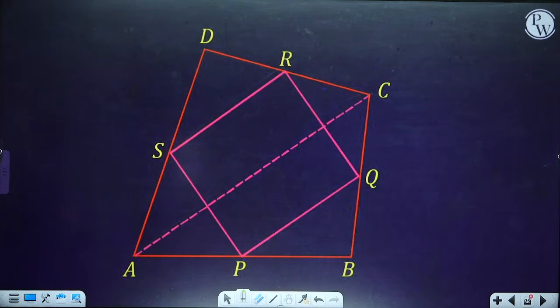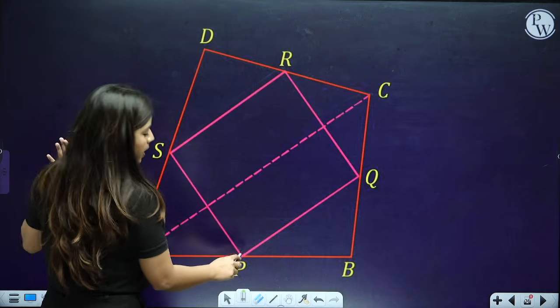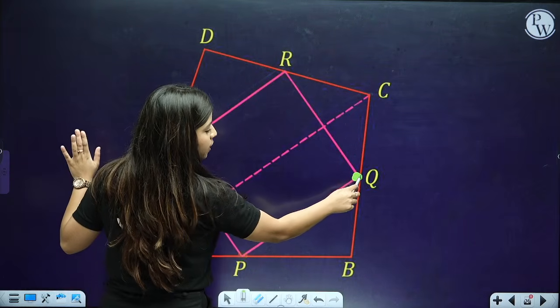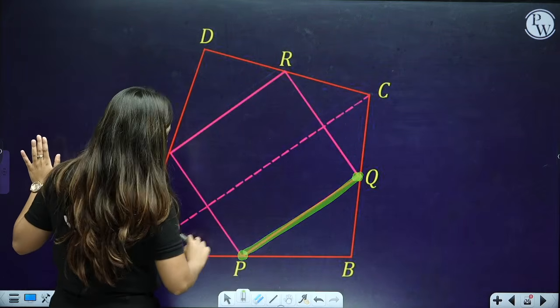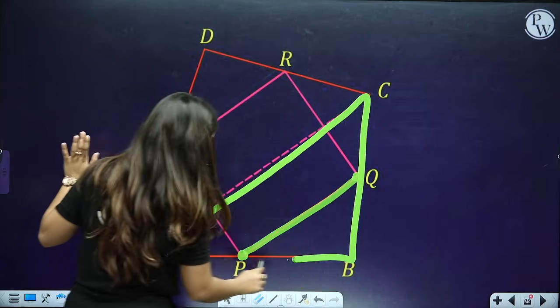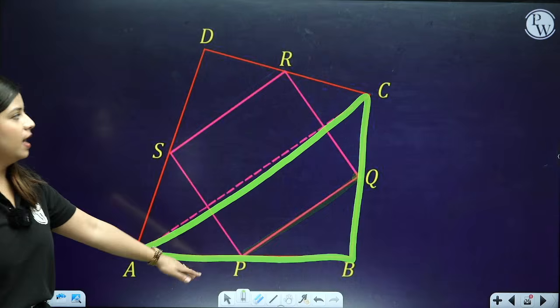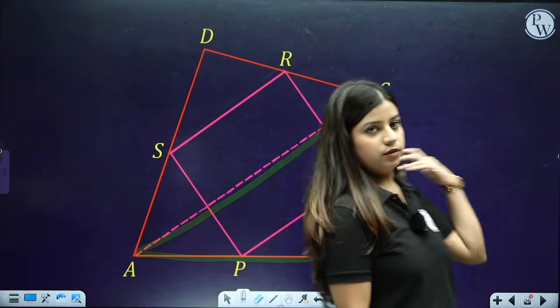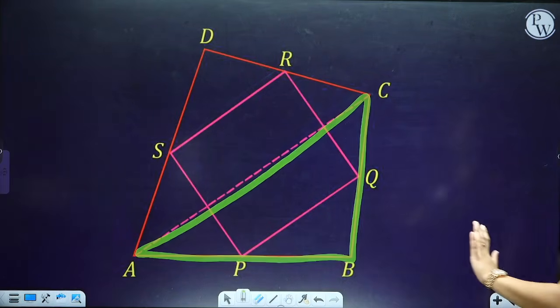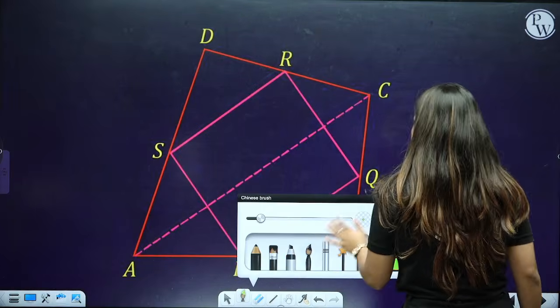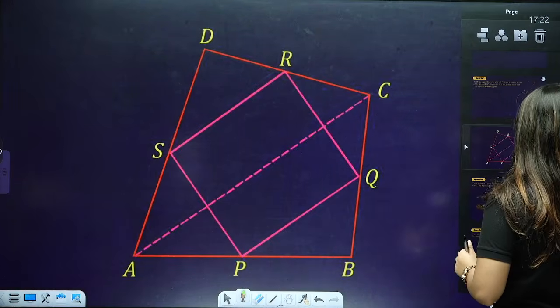Now the next thing is, if P is the midpoint and Q is the midpoint, if I join this, and if this is the triangle that we are forming, it is again half of this and parallel to this. I hope this question is clear with everyone, right? So let's move forward to the next one.